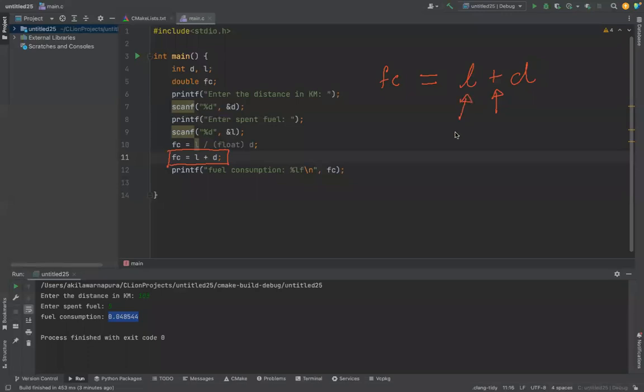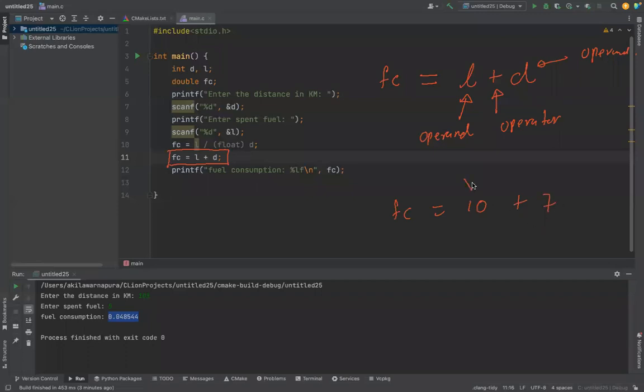These are the operands. L is an operand, and D is also an operand. There are two operands available. These operands can be variables. Otherwise, FC can be 10 plus 7.